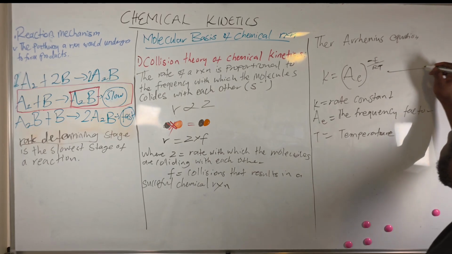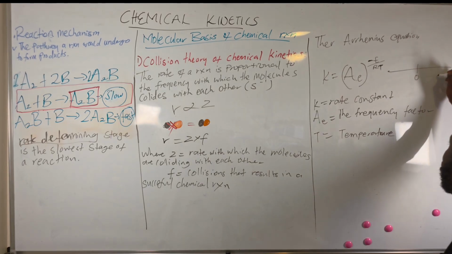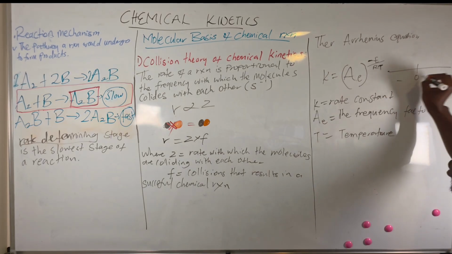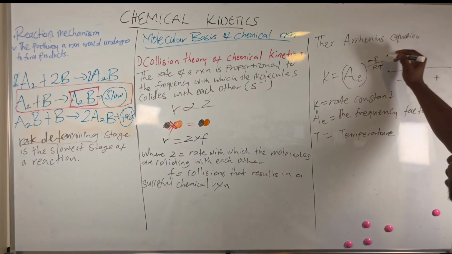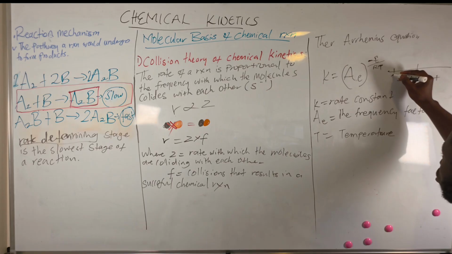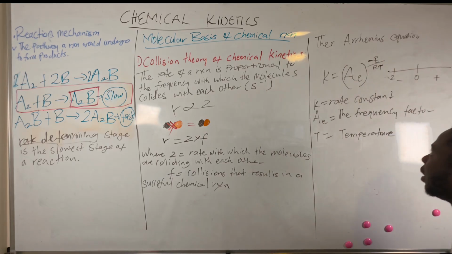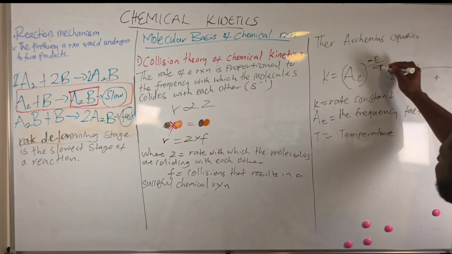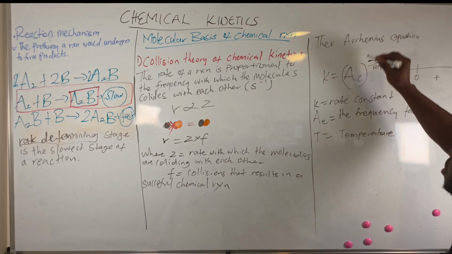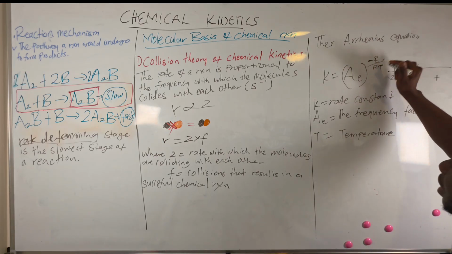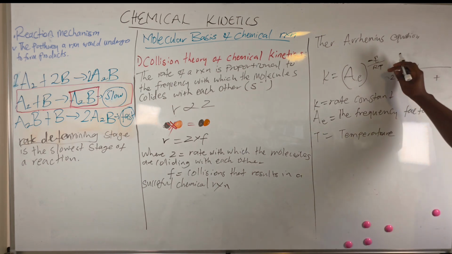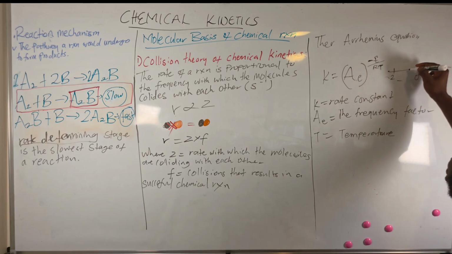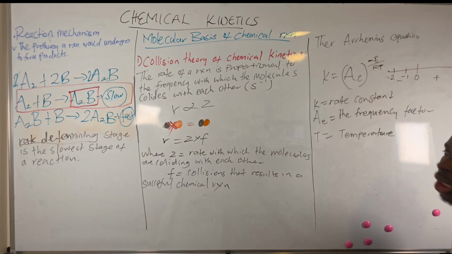So let's say we have a number line. This is 0. Over here is the positive side, and over here is the negative side. And this number is going to give us a negative, let's say -2. If we increase T, it means we are reducing the entirety of this figure up here, so we reduce the negative value, let's say to -1.